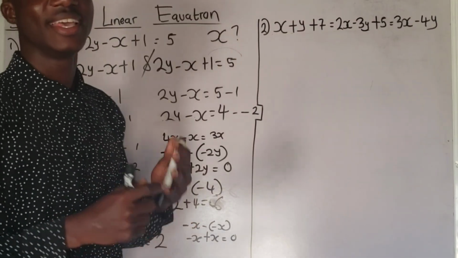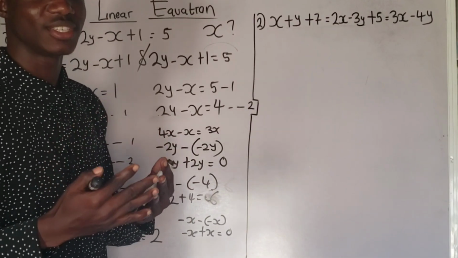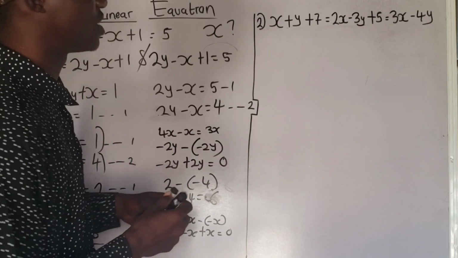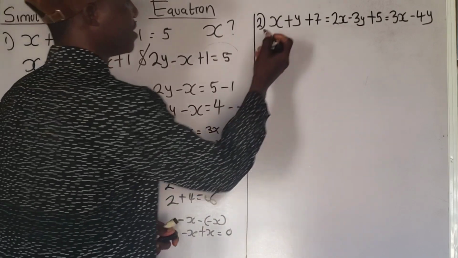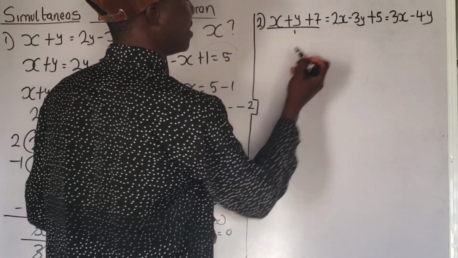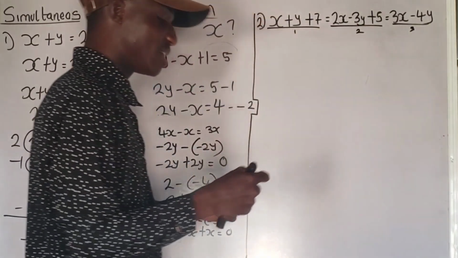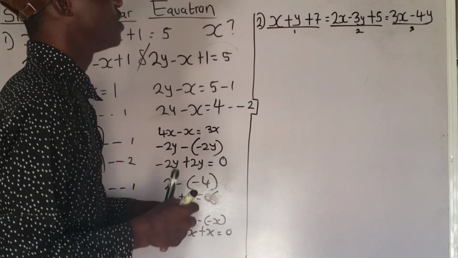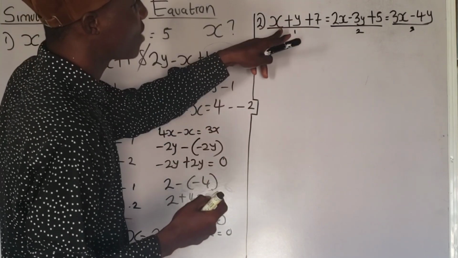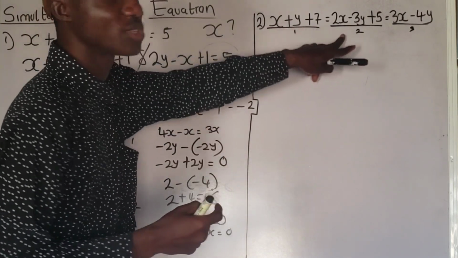This question is divided into 3 parts. Look at this. This is the first part before the equals to sign, this is the second part, and this is the third part. Now, let us rearrange. To rearrange, we first have to set the first part equals to the second part.